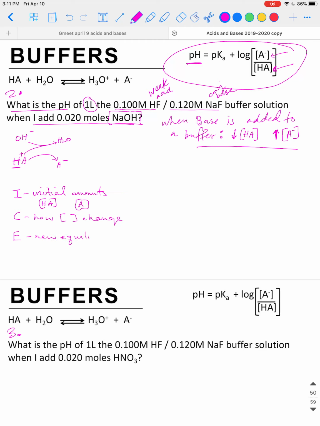And then E stands for the new equilibrium concentrations of HA and A minus. And it is E, these new concentrations, that you plug in to your Henderson-Hasselbalch equation to solve for pH. There we go. So let's create an ICE chart.